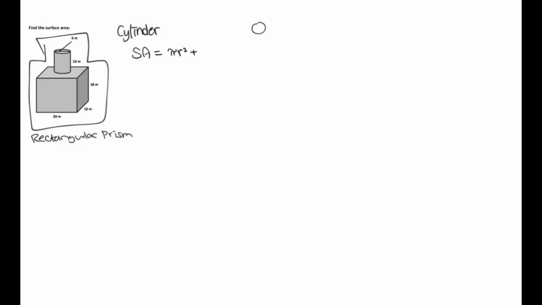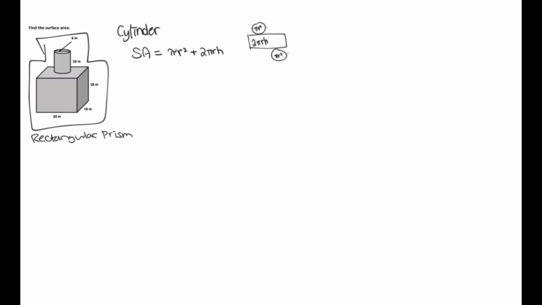You're going to recall that the surface area of a cylinder is 2 pi r squared because of the two little circles, and then the side is equal to 2 pi times r times h. In this case, because we don't have two circles, instead of 2 pi r squared, we're just going to go 1 pi r squared, add 2 pi r h to it.